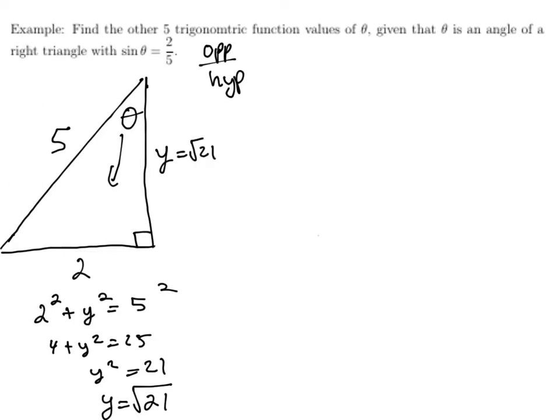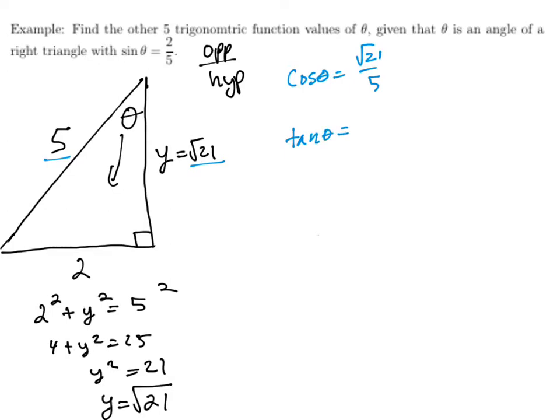Now that we have all 3 sides of the triangle, we can go forward with calculating each of the trig function values. So cosine theta, well, cosine is adjacent over hypotenuse. Root 21 is the adjacent side here, and the hypotenuse is 5, so cosine theta is root 21 over 5.